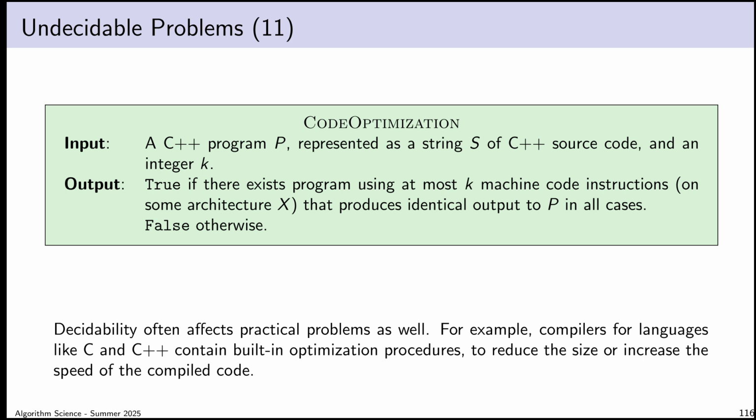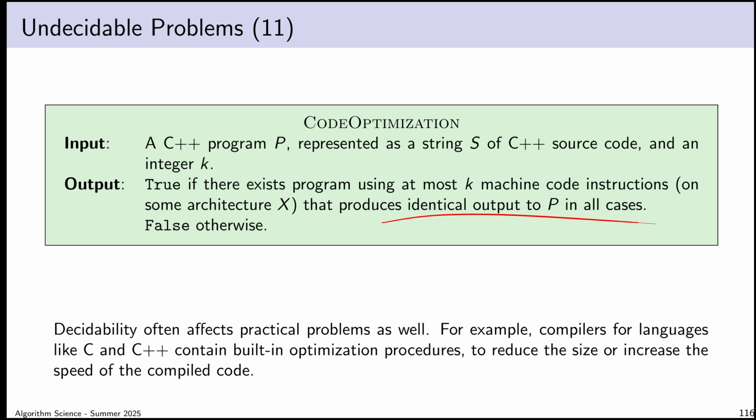True if there exists some machine language program, using at most K instructions on whatever architecture you care about, that produces identical output to P in all cases, or whatever other criteria you want to impose. Identical output is the easiest one for this example. If we generalize it to the criteria that's actually used by compilers, the same result holds, it turns out, but it's a bit more messy to establish.